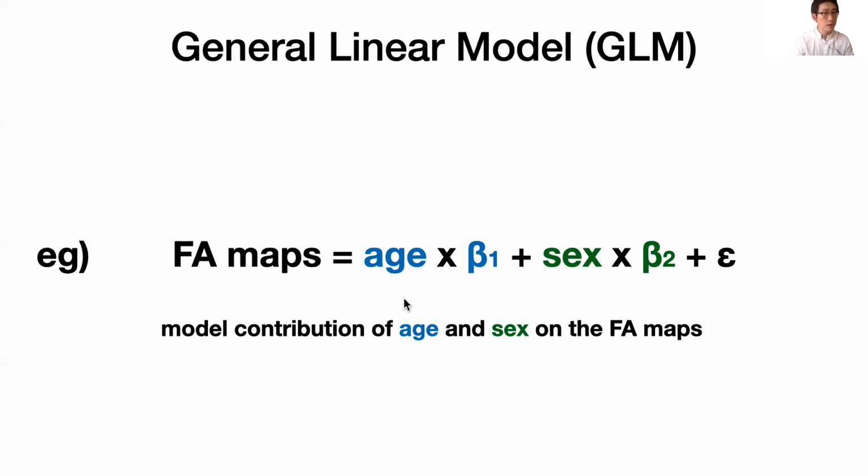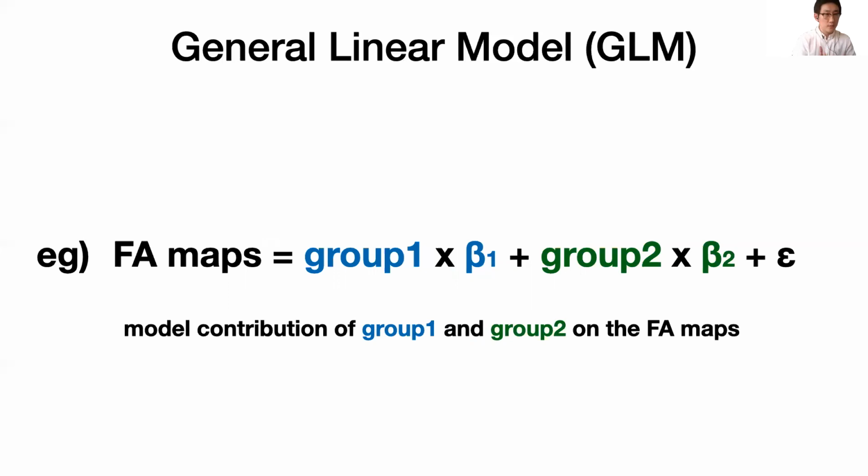But for people in PNL, it is more the group comparisons that we are mostly interested in, finding whether there are any voxels that show significantly higher or lower values in one group compared to the other. So this is how our GLM would look.